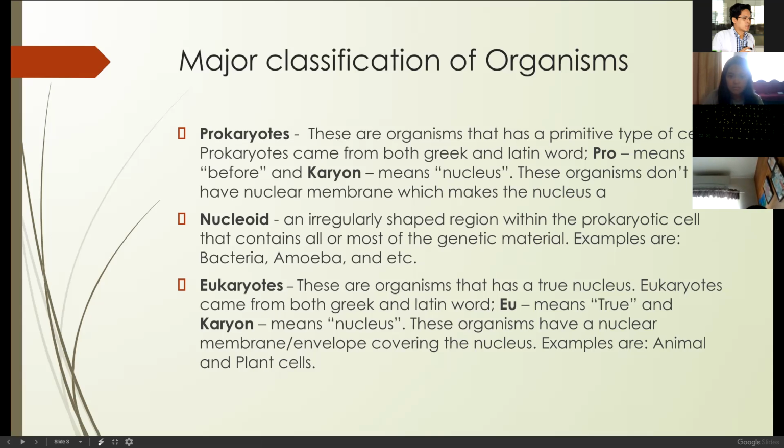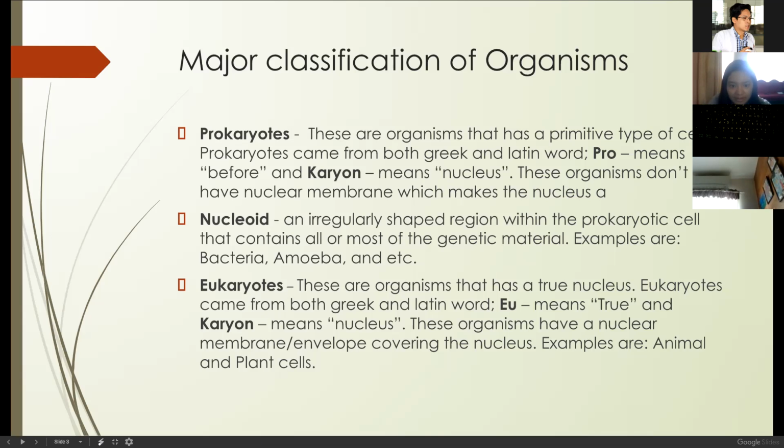Instead, you can see a nucleoid, which is scattered. Their genetic materials are scattered, irregularly shaped. Meaning to say there's no definite shape. Just like when you're looking at a bacteria or a group of bacteria or a single bacterium, amoeba, and other microorganisms. Okay? How about eukaryotes?